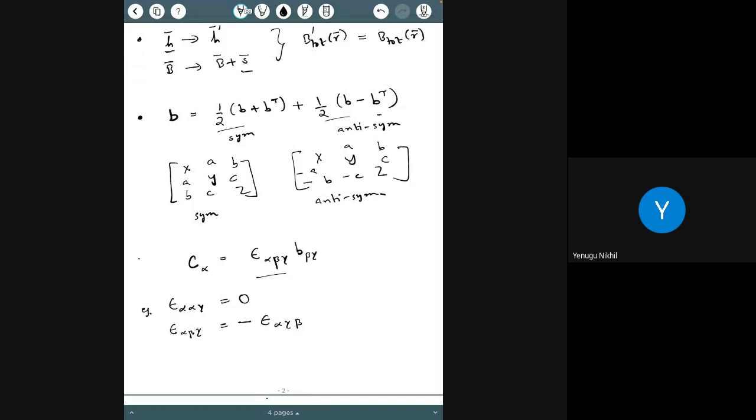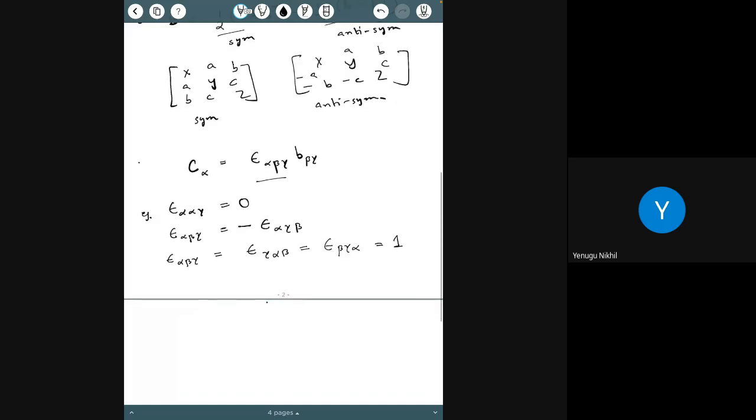And if you simply permute the indices in order, so gamma, alpha, beta, or epsilon beta, gamma, alpha, those are all equal, and they're also equal to 1. So roughly, the relevant properties of the Levi-Civita symbol are these 3.